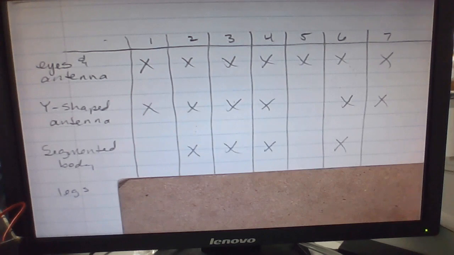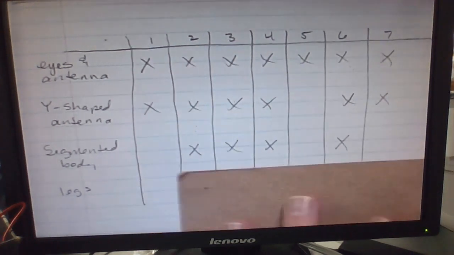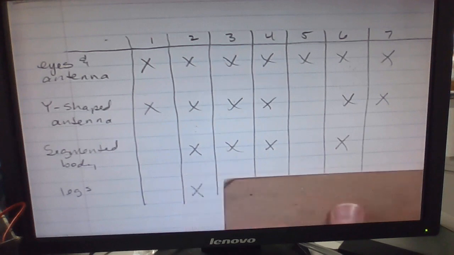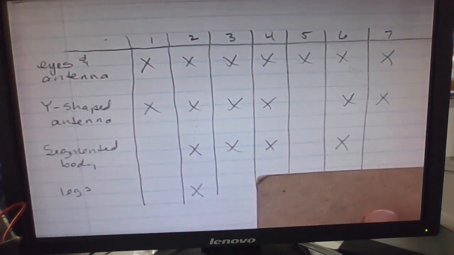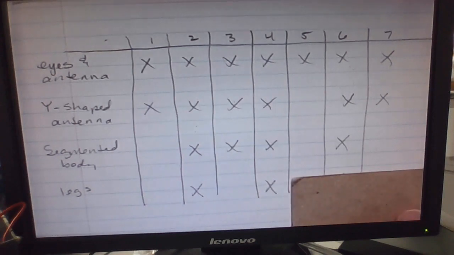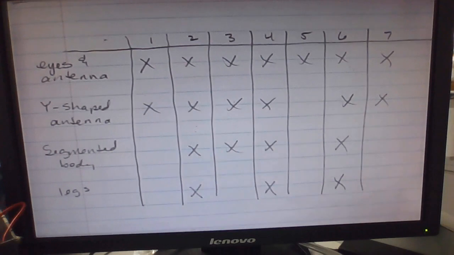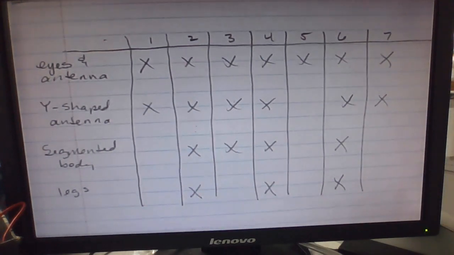Does number 1 have legs? No. Does number 2 have legs? Yes. Does number 3 have legs? No. Does number 4 have legs? Does number 5 have legs? Does number 6? Number 7?